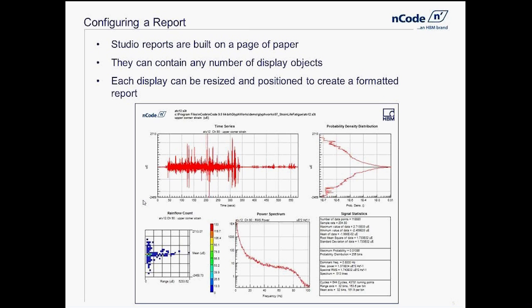The image that you see on this screen right here is just a sample shot of what kind of report you might be able to create, and we can see a variety of different types of objects here. One of them, the very first display, the upper left one, would just be what appears to be raw strain gauge data. Then we have a number of other glyphs, display objects, I should say, on this report that show things like rainflow cycle kind of data and also a PSD. So those are just a few examples of what we could create on a Studio report.